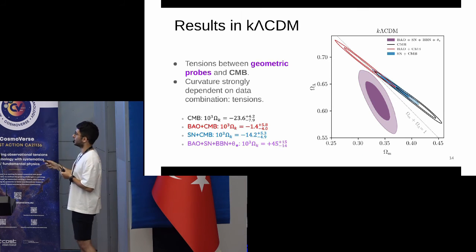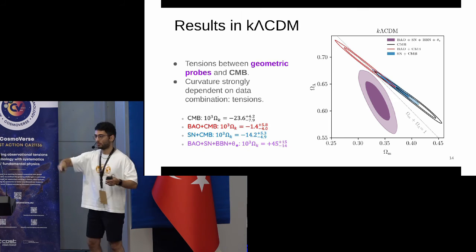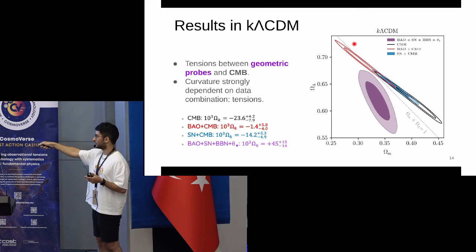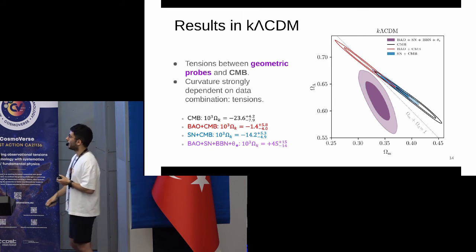Here I'm also showing some other results. For example, combining BAO plus CMB moves the result to flatness. It's consistent with flatness. However, when combining with supernova instead, that's still in tension with flatness.